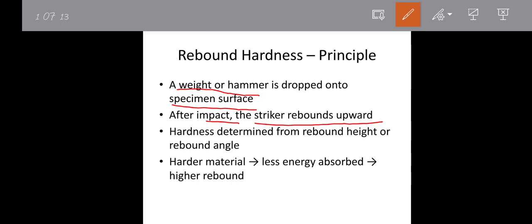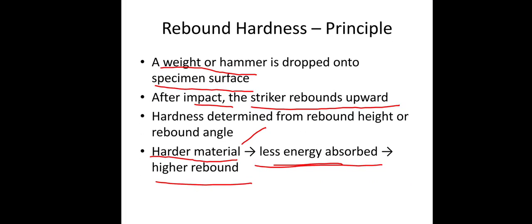When the material is harder, the energy absorbed is less, so the rebound height will be higher. In case the material is softer, the energy absorbed is more and the rebound height is less. This is the principle of rebound hardness.